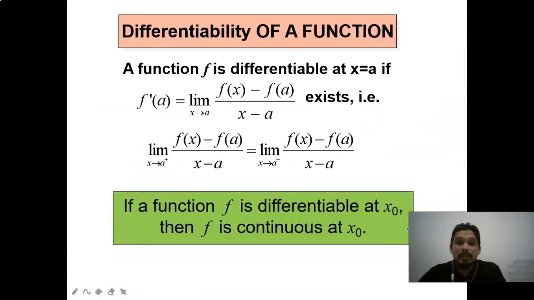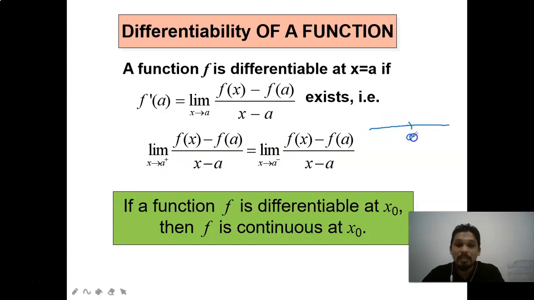So now, differentiability. A function f is differentiable at x equal to a if f prime a equals the limit of f x minus f a divided by x minus a. There might be cases where one function is separated into two functions, when x approaches a from the right and x approaches a from the left.